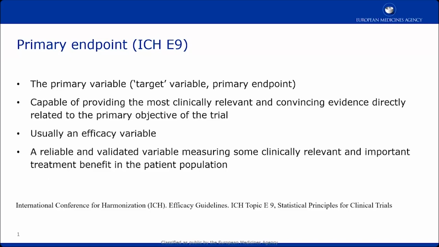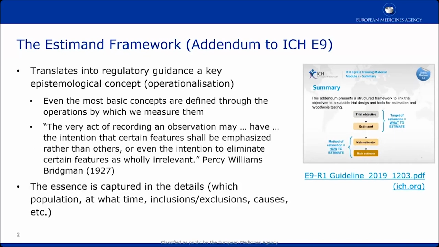Now, since a few years, we have an extension of this guideline, particularly when it comes to endpoint, introducing the concept of estimand. We've seen this in some of the sessions before. Basically, it's about the idea that it's kind of difficult to discuss endpoints in theoretical terms, things like progression-free survival, quality of life, unless we clearly defined what we mean by them.